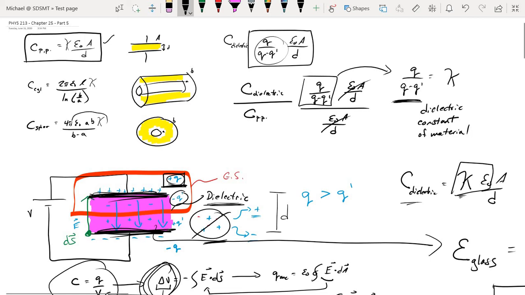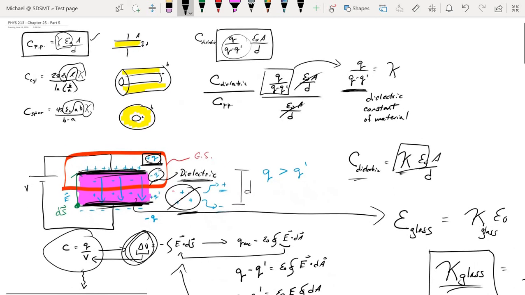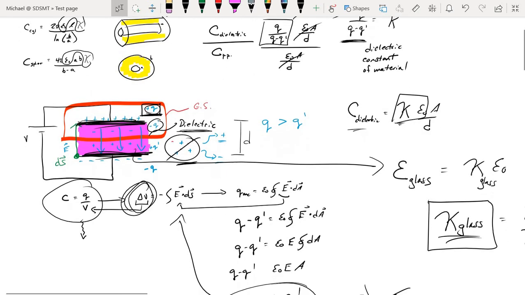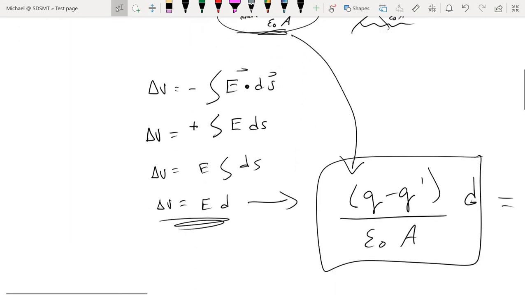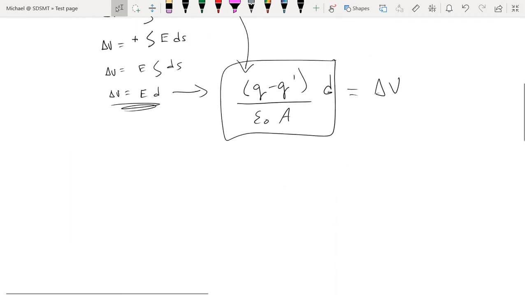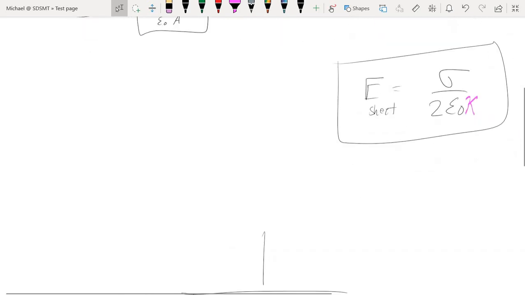So we've got kappa and epsilon naught. Every one of those systems can be updated for a dielectric material just by introducing that kappa value. Very, very easy to do.